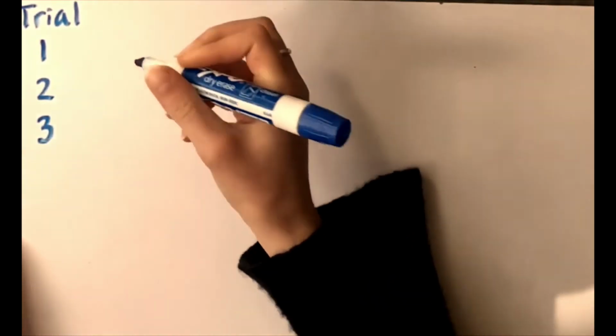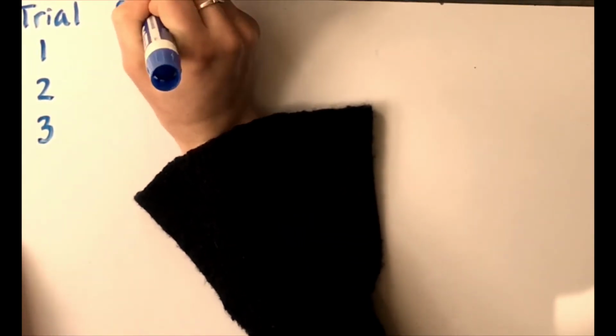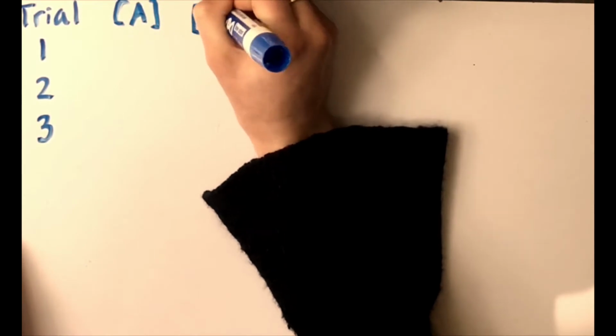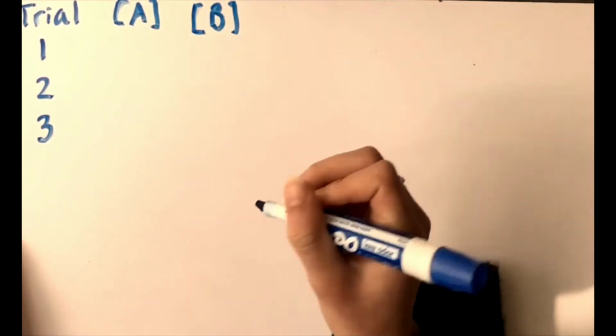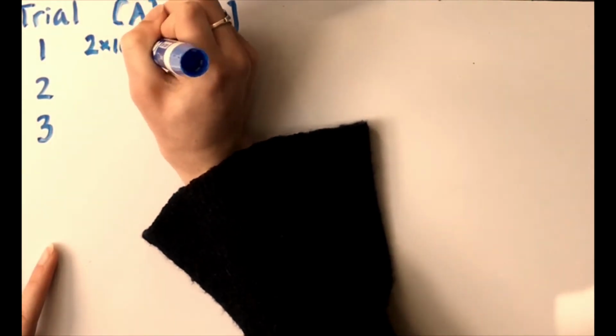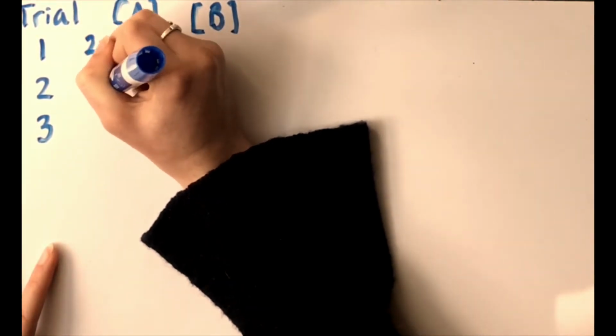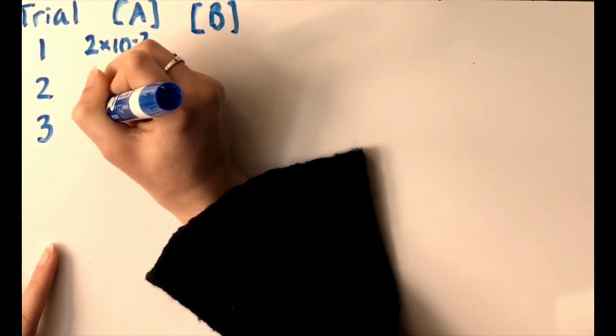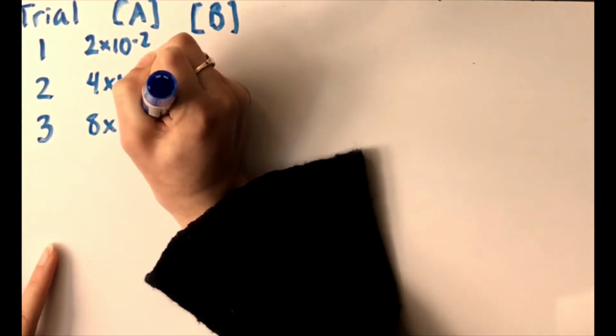So we're given 3 trials, 1, 2, and 3, with 2 reactants, reactant A and reactant B, whose concentrations vary based on the trial. So in the first trial, reactant A has a concentration of 2 times 10 to the negative 2, then 4 times 10 to the negative 2, then 8 times 10 to the negative 2.